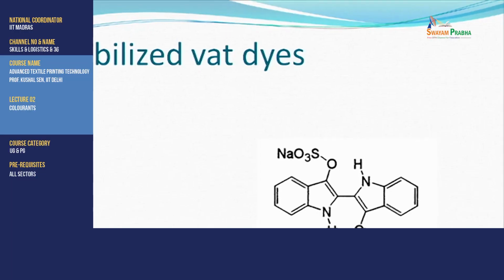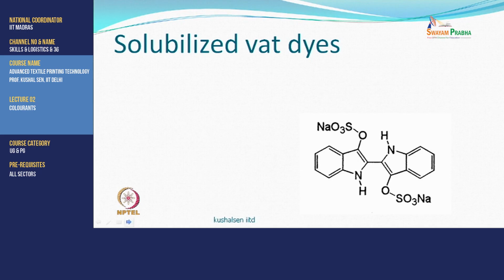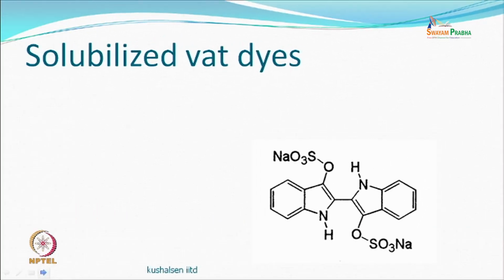And that is why people made something called a solubilized vat dye. The same dye has been changed so that you now have groups attached, which make the dye soluble. So these are sulfuric esters and sodium salts of sulfuric acid, because every time you make these compounds, you have to make a salt so that they remain ionic and so water soluble.